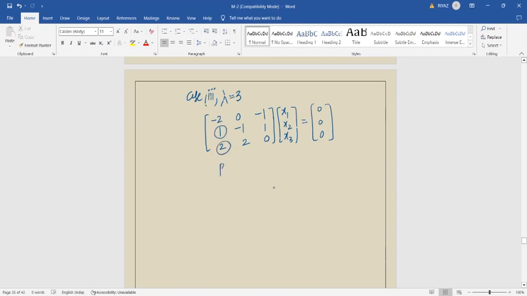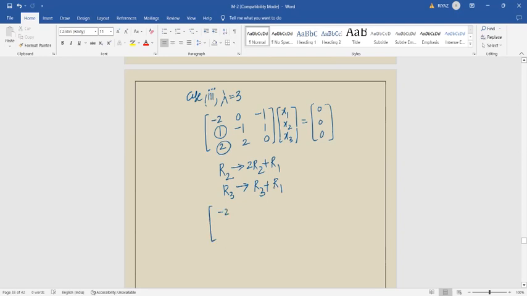So the operation is R2 changes to 2 R2 plus R1: we multiply R2 with 2 and add R1. You can take whatever operation, it is not compulsory to take the same as I say. Our intention is to make the below-diagonal elements 0, and for that you can apply any operation.